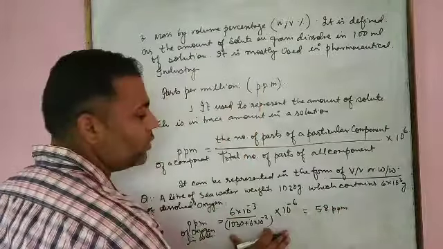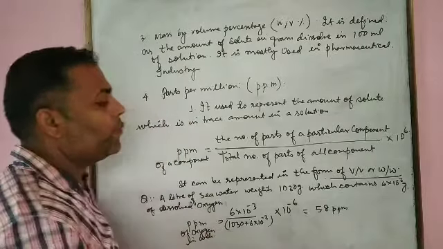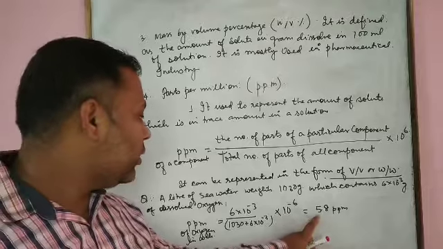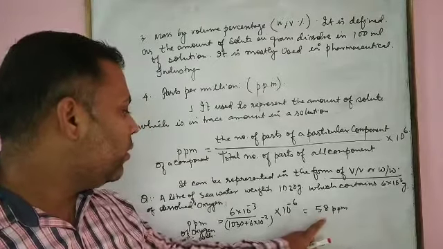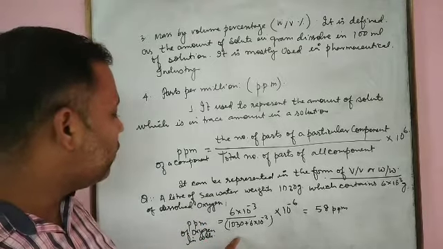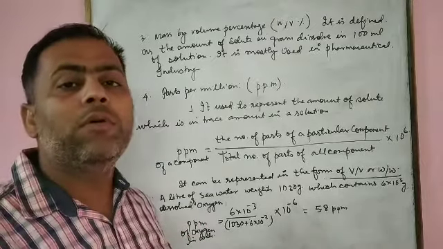When you solve it, you will get 5.8 ppm. It means 5.8 gram in 1 million grams of solution.